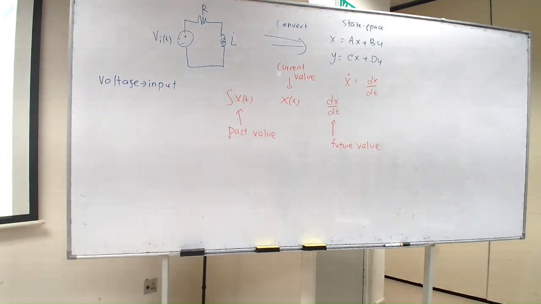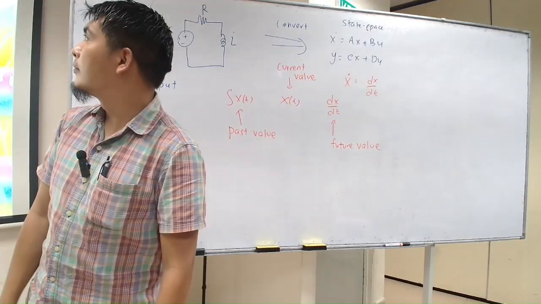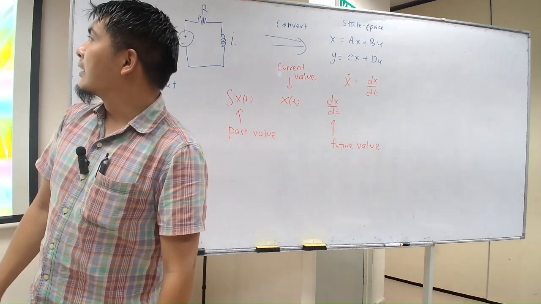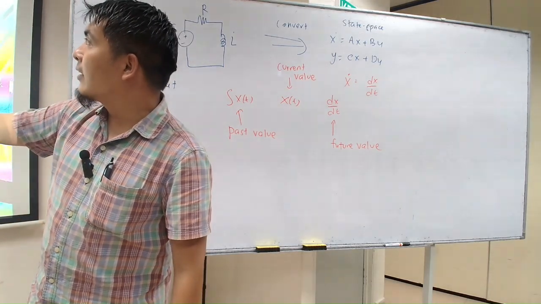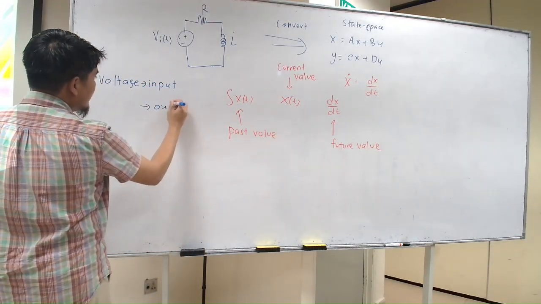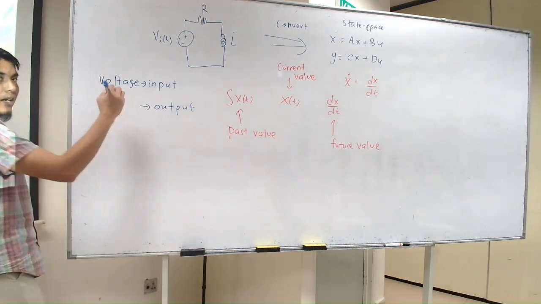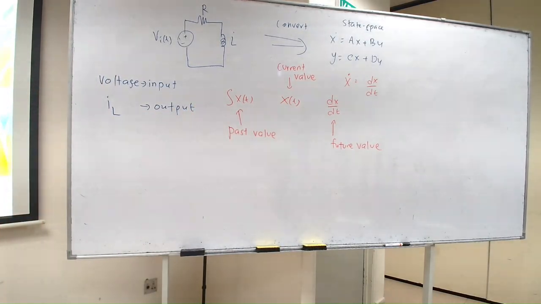What is the output? According to the question, current across the inductor as the output. Output we call IL. IL refers to current across the inductor.